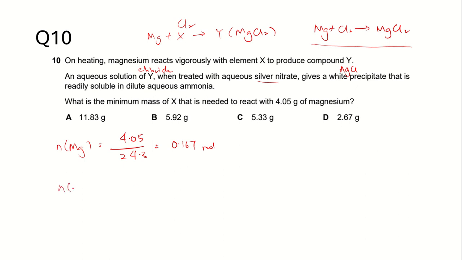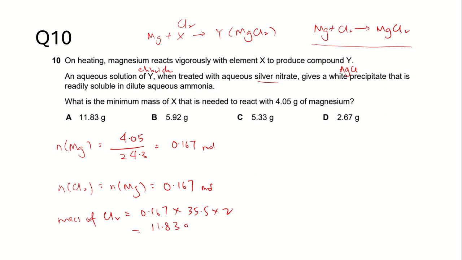So the number of moles of chlorine is the same as the number of mole of magnesium, which is 0.167 mole. So how to find the mass of chlorine? It will be the number of mole multiplied by the molar mass of chlorine, 35.5 multiplied by 2. So it should be 11.83 gram, A.